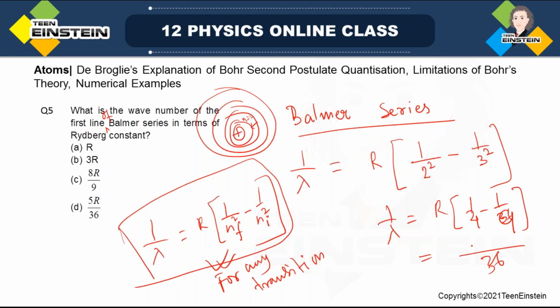This is 36, so this is 9, this is 4, and you get 5 by 36. So this is the wave number for the first Balmer line, 5R by 36.